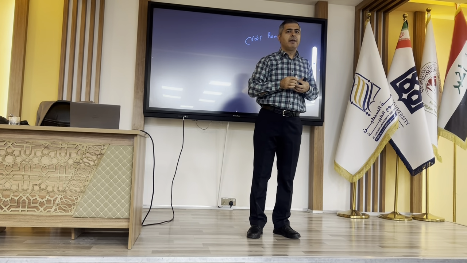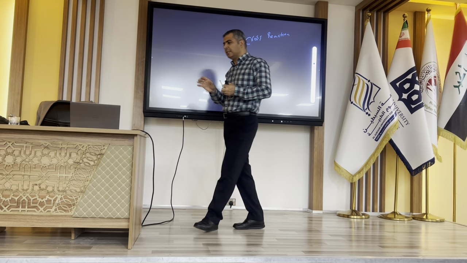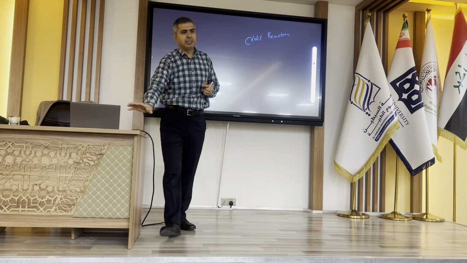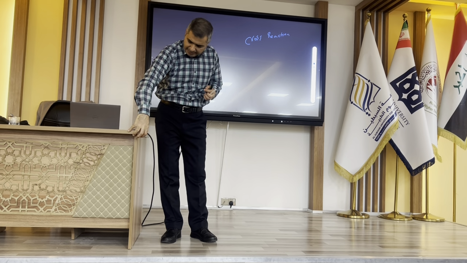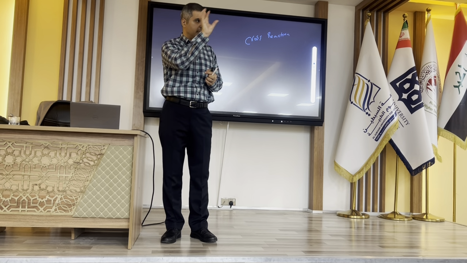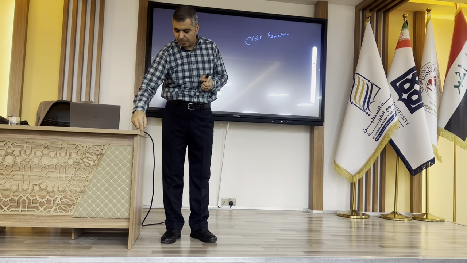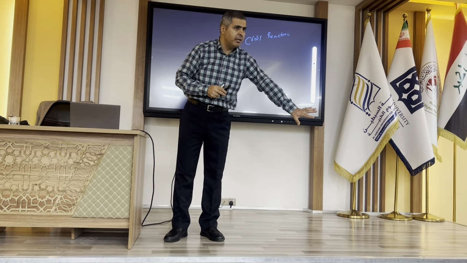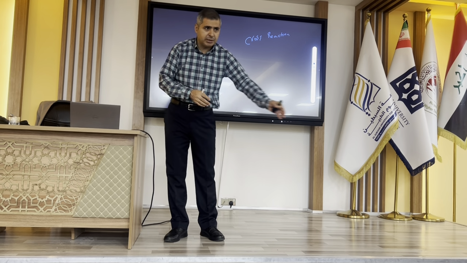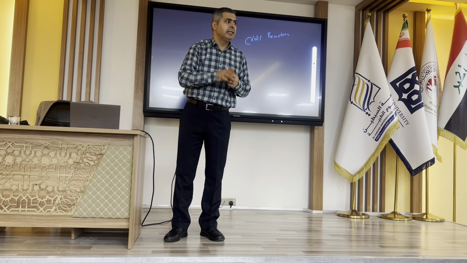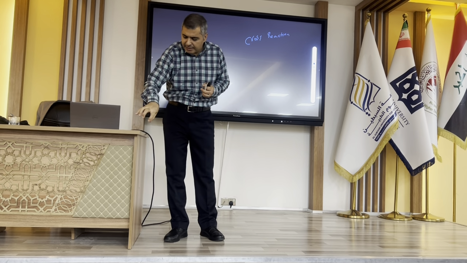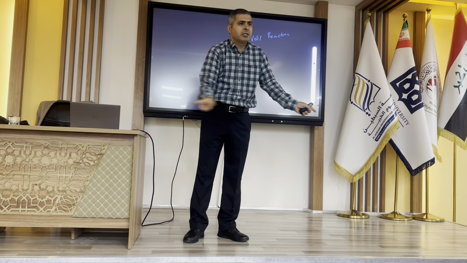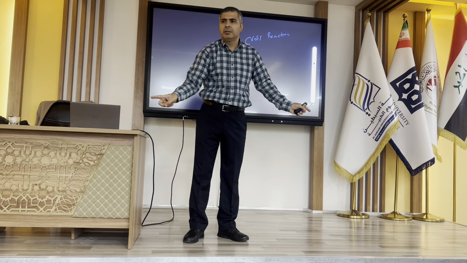Cross-reaction means we have an antibody that is against, for example, this part of this antigen. And if we have another antigen here where this part is similar, this antibody that is against the first antigen can bind to the second antigen as well, because they are similar to each other.